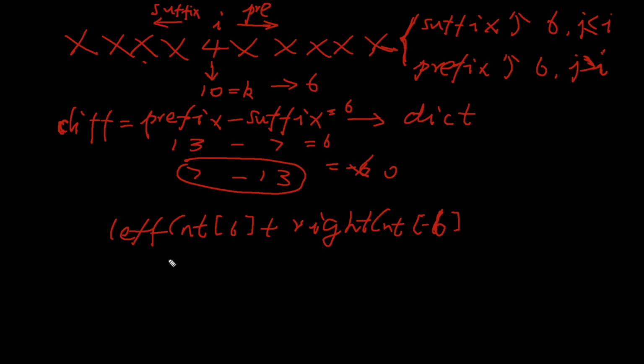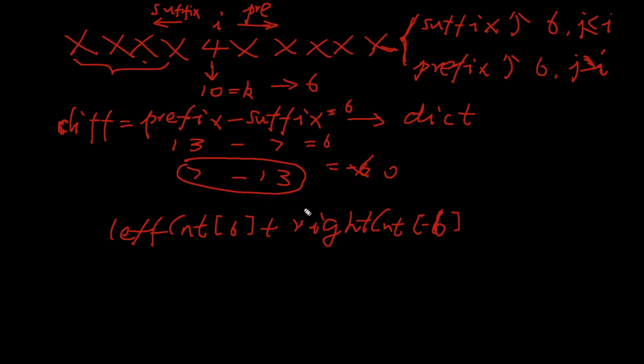And the left side is all the indices on the left side of this I here, which means in this case we're looking for the actual 6, because on the left side the suffix is increased by 6. That's why we can use the original 6 to get that. So now the only thing left is how to maintain it.